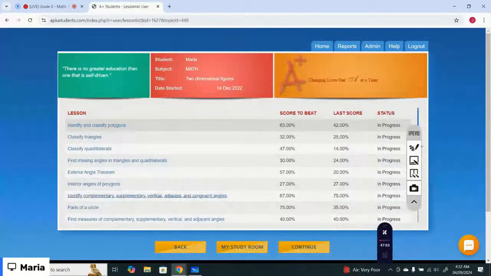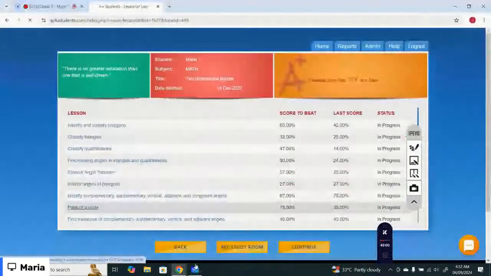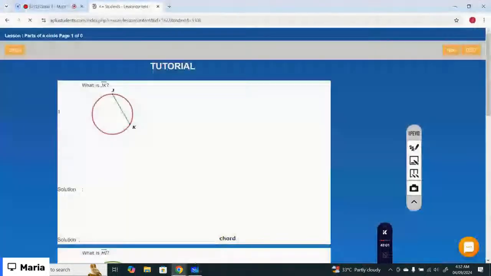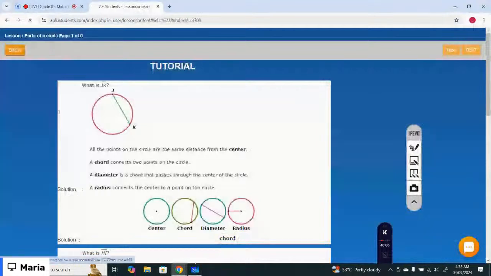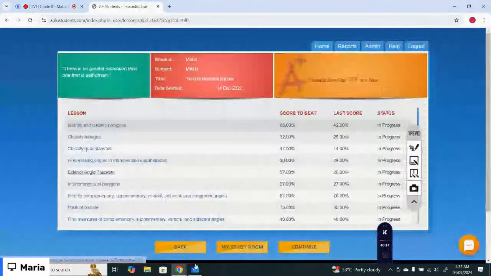The next lesson is find measures of complementary, supplementary, and adjacent angles. Let's just start with the parts of a circle we just did. Interior angles of polygon.